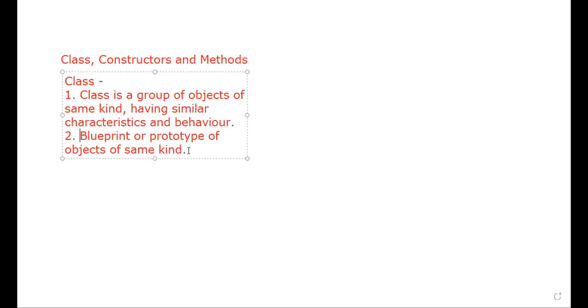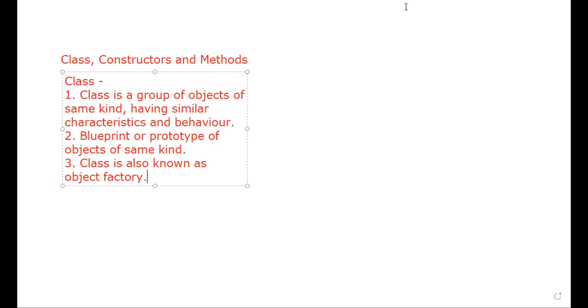Now, when I say blueprint or prototype, what does it mean? Once you have a blueprint or prototype, you can prepare a number of objects of same kind. So class is also known as a factory of object, an object factory. What does it mean?